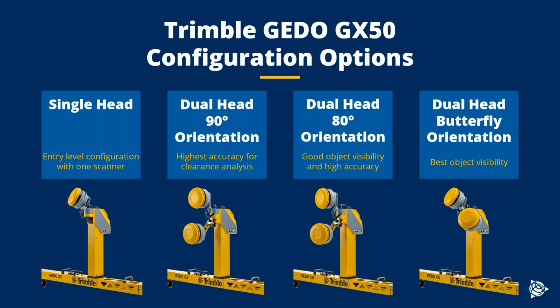The dual head butterfly configuration is made to optimize for visibility because of the orientation. We capture objects from the side and have a very good visibility, especially for thin objects that would otherwise be not seen in much detail. And we go into examples and show you some slides of how those configurations, how those images will look like.